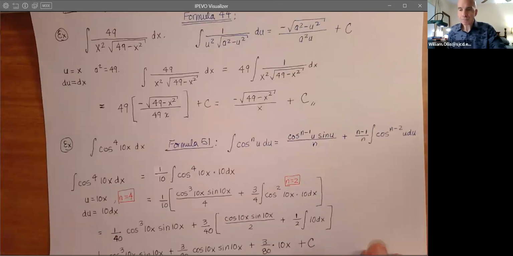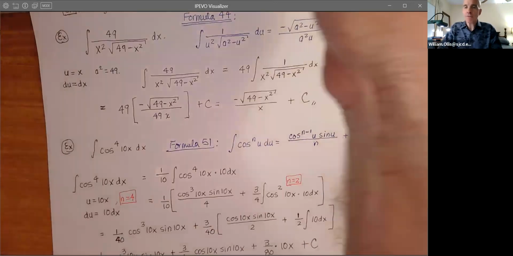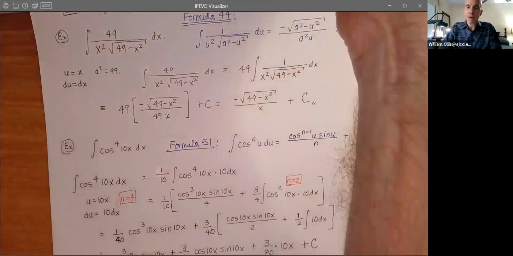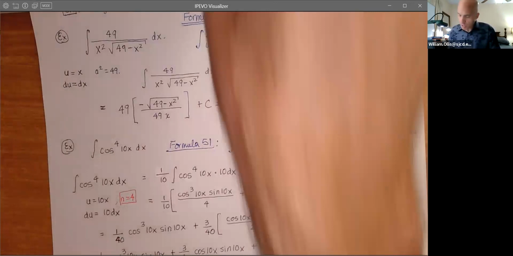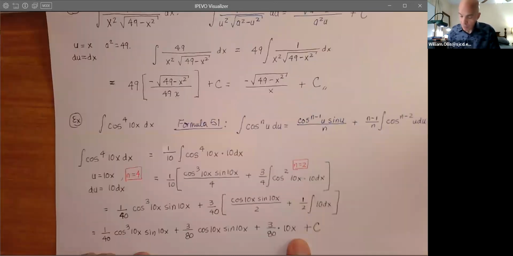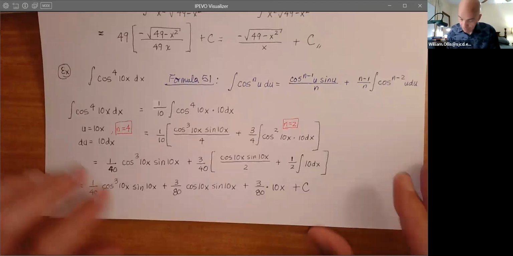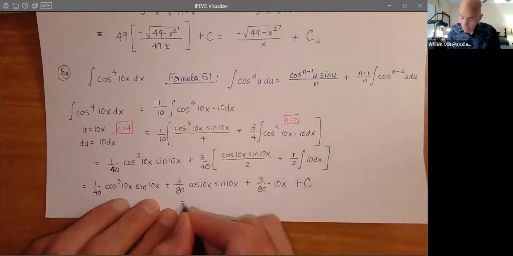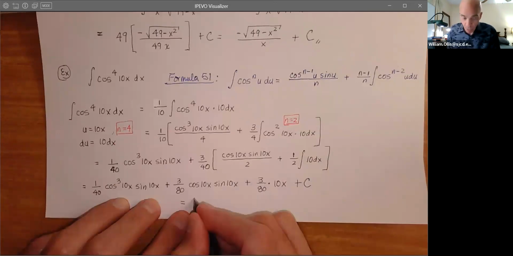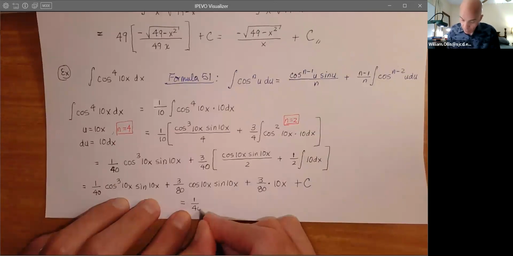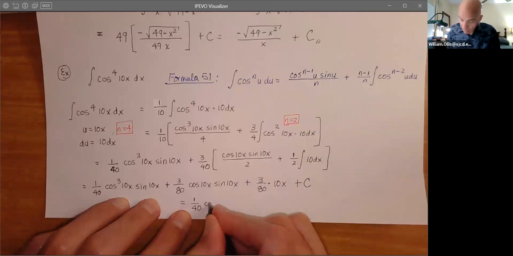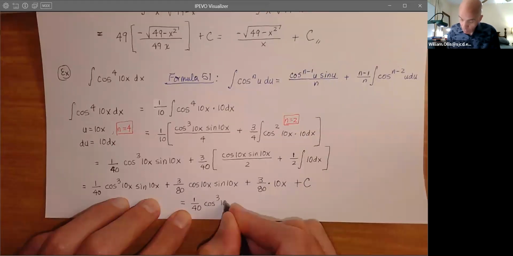Now, as you actually finish the problem, all we would need to do is just reduce this and we'll be good to go. So this would reduce. Of course, we could leave everything multiplied out. So we get 1 over 40 cosine of 10x quantity cubed.